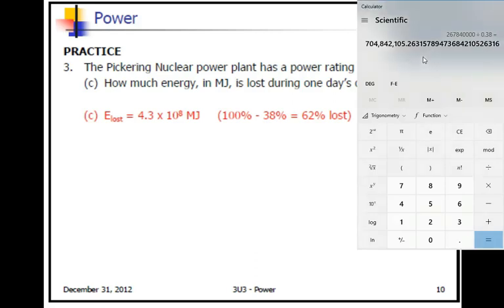Because I have this value here, if I multiply this by 0.62, I'll find out how much energy is lost, which is 437,002,105. So 4.3 times 10 to the 8 megajoules of energy is lost.